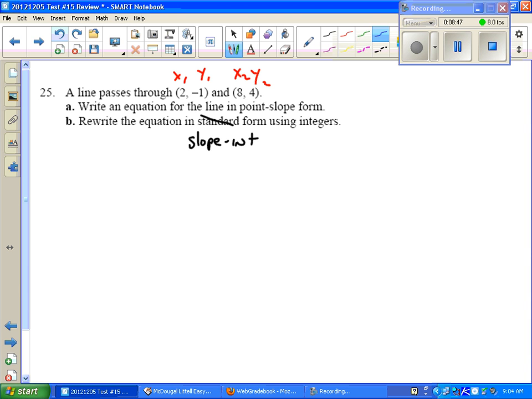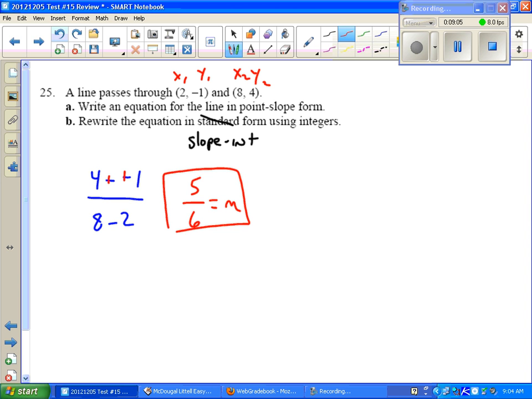Y sub 2's value will be 4 minus y sub 1 is negative 1, over x sub 2 is 8 minus x sub 1 is 2. So 4 minus the negative 1 is 4 plus 1, which is 5, and 8 minus 2 will be 6. So your slope, there's no number that goes into both of these, will be 5 over 6. We'll use the point 2, negative 1, just because it's listed first, and plug it into our point slope form.